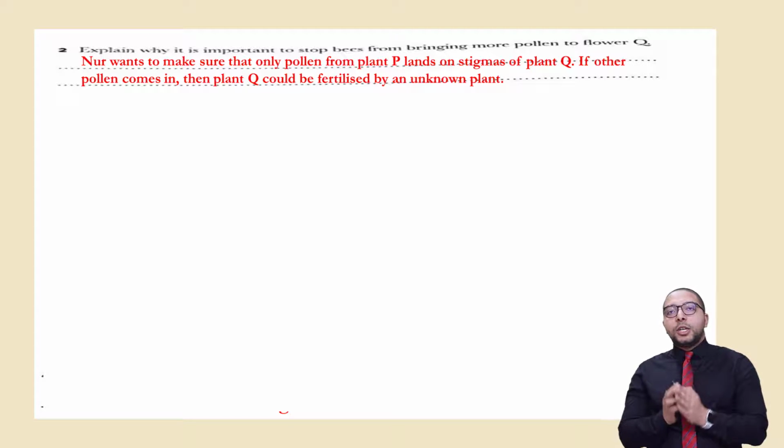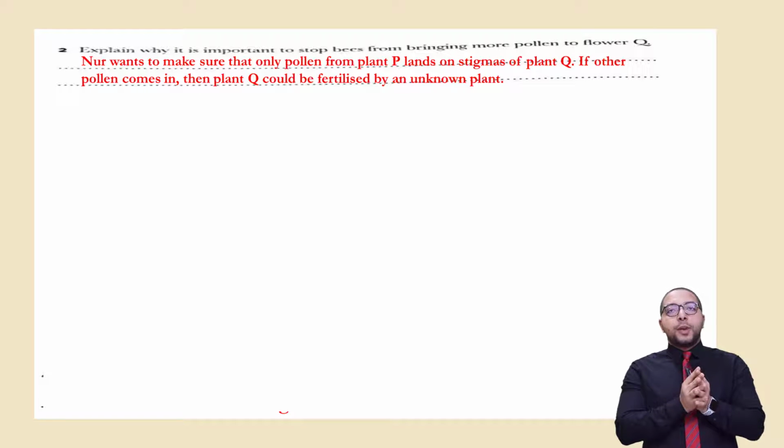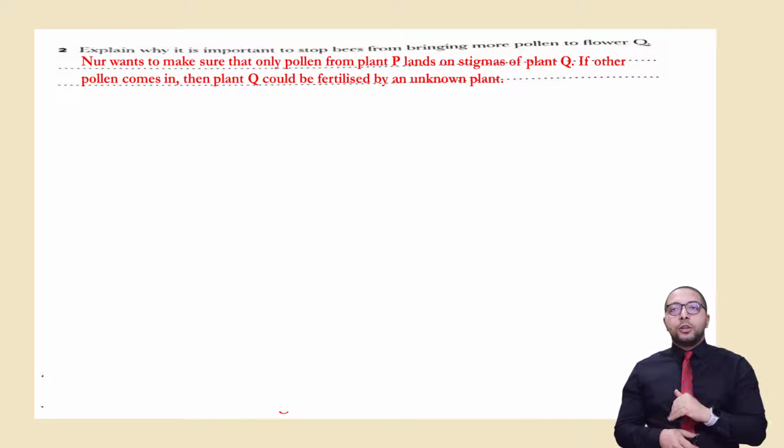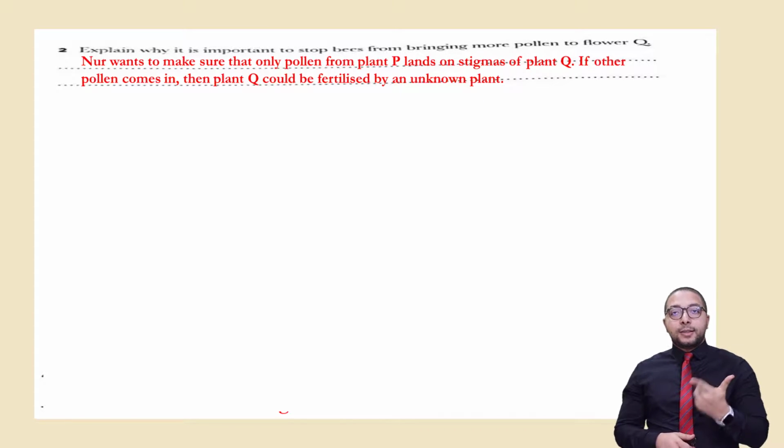So she needs to make sure that only the pollen that comes from plant P is fertilizing plant Q, not another pollen, so she has the perfect offspring that have the most scent.